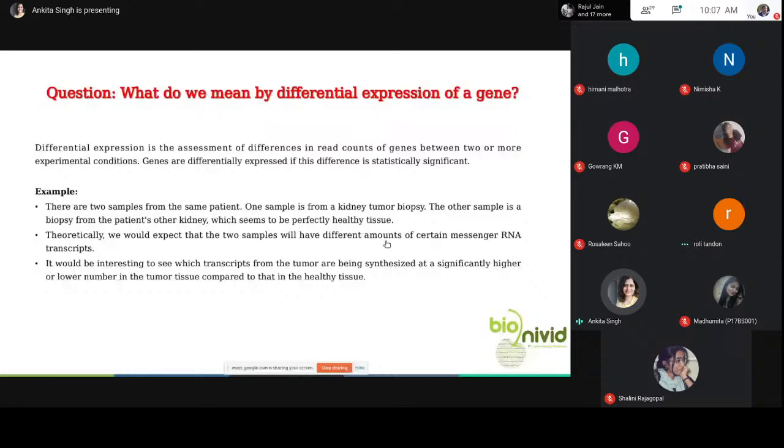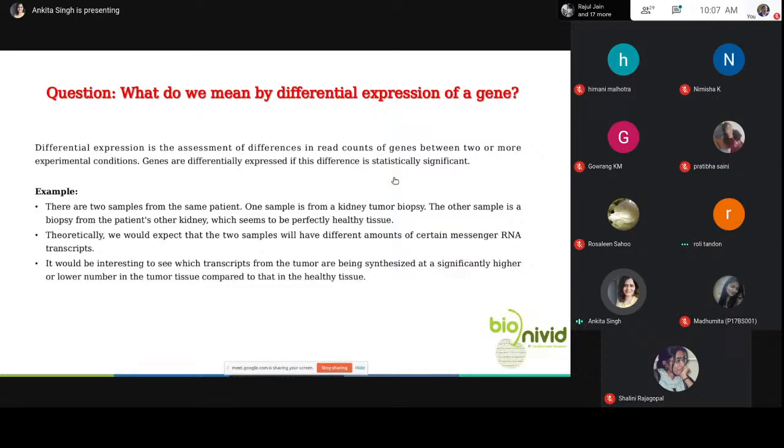And how do we get a count data? We get a count data by aligning our sequencing reads to a particular genome. Like if I am studying human, if I am studying the expression of liver genes in a certain condition at a certain point of time, I'll take the sequencing reads and align my reads to the human genome.